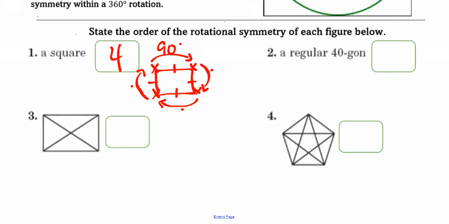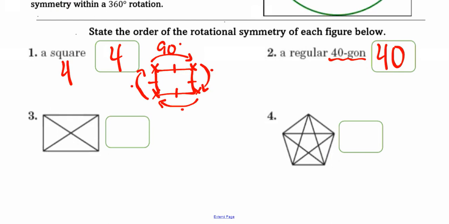The order is 4. A regular 40-gon, which means it has 40 sides and they're all the same, follows the exact same formula. It has 40 different angles that we could rotate it by, and each one would be 9 degrees to end up with the exact same orientation.